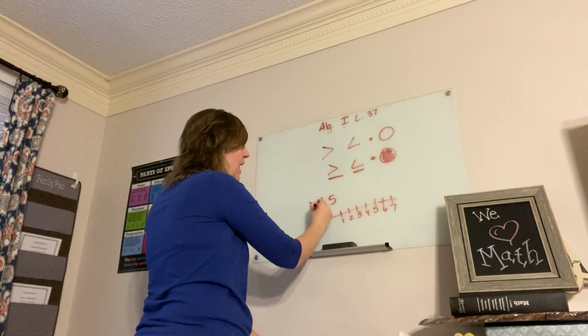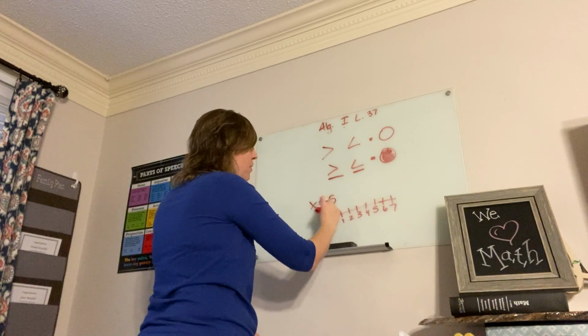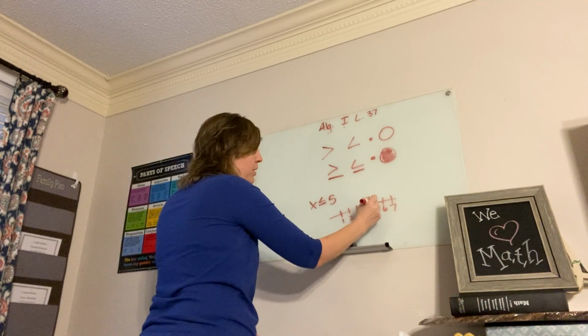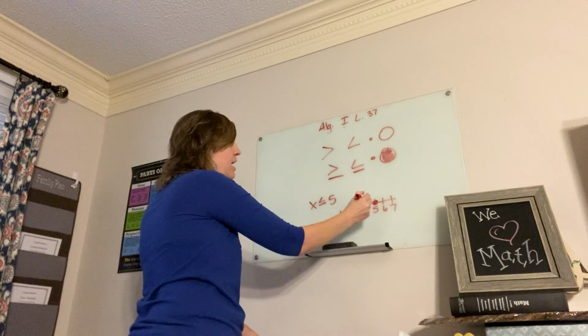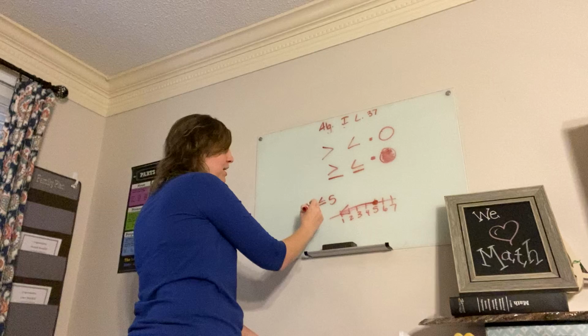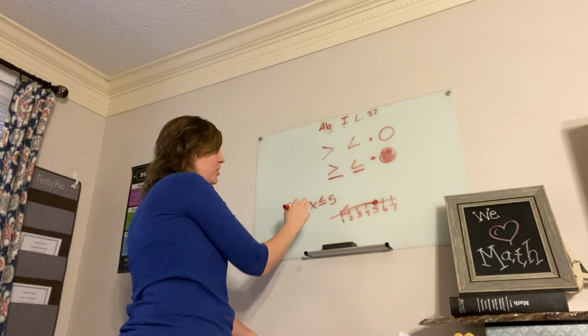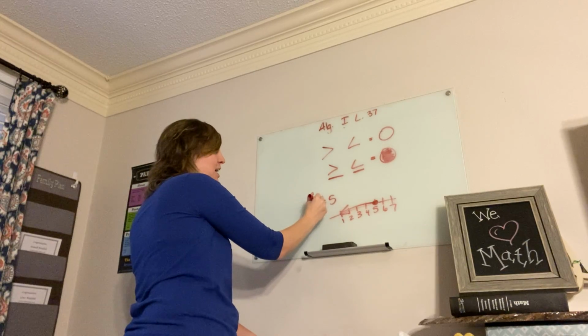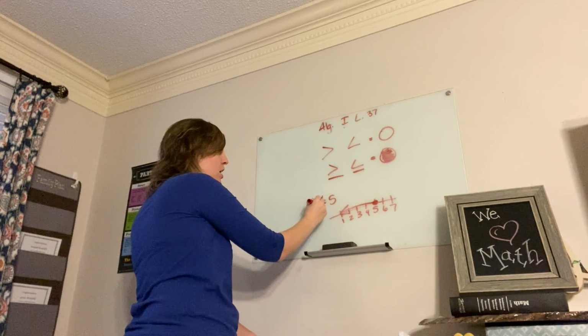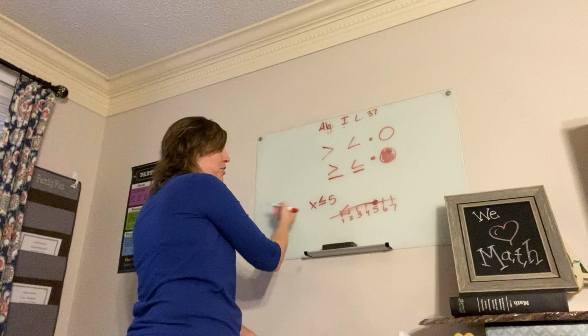Because I've got the extra line here, I'm going to put the circle at 5 and shade it in. Now, it's less than, so it goes this way. A student once said, Miss Moorfield, did you notice when x is first, the symbol points the direction you're going?